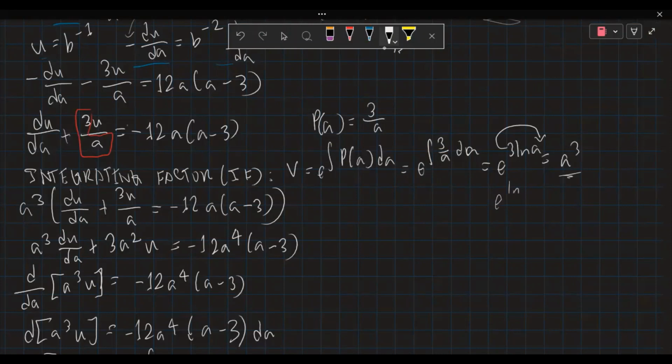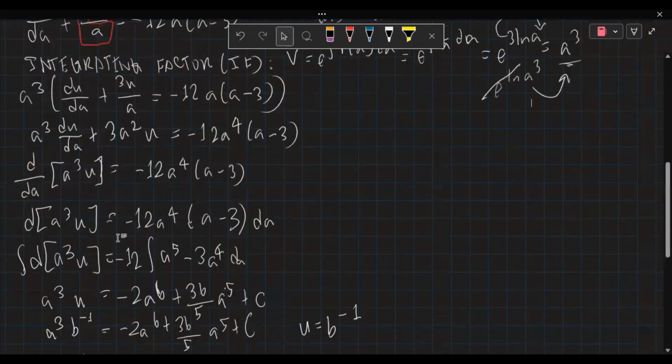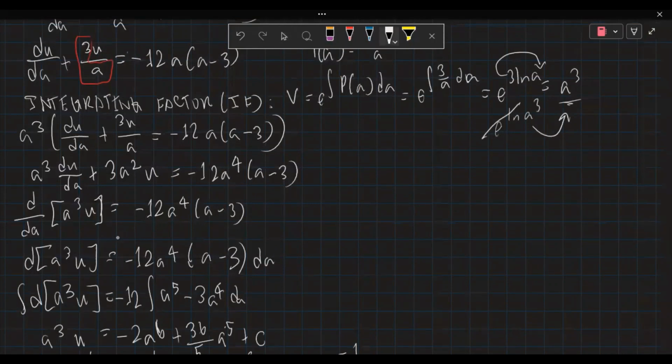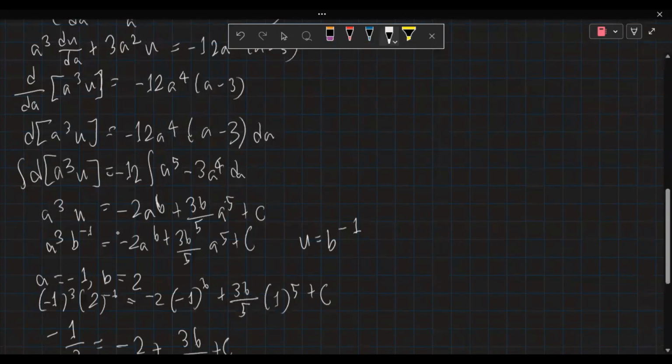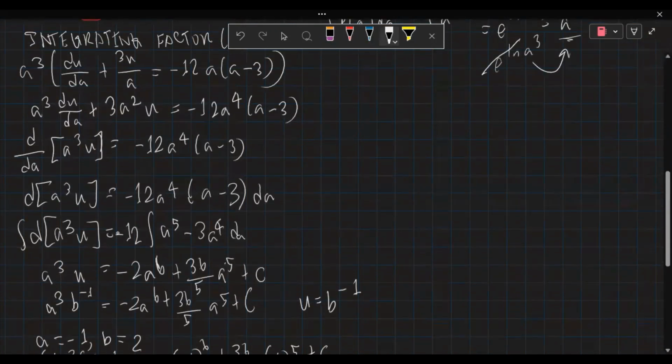So it becomes e to the ln of a cubed, and e and ln are inverse functions of each other, so they will cancel out. So this becomes a to the power of 3, and then we multiply both sides by a to the power of 3, multiply both sides by our integrating factor. Okay, so multiply, so a cubed, and then this is basically the derivative of our integrating factor times u.